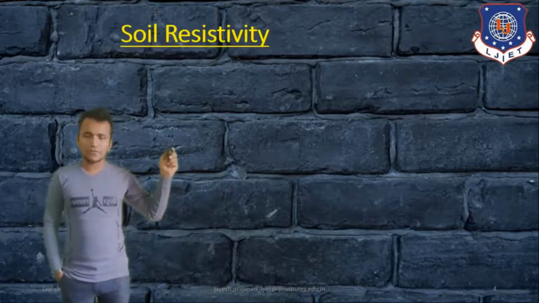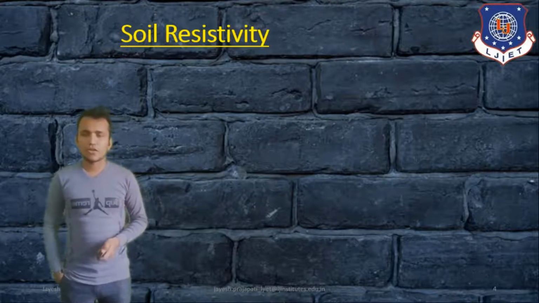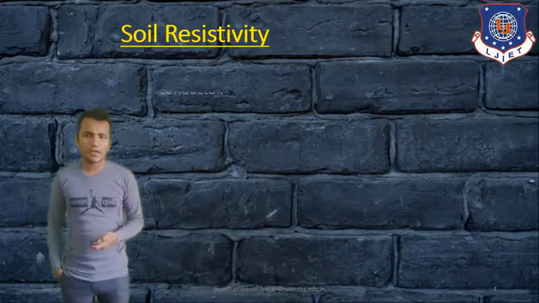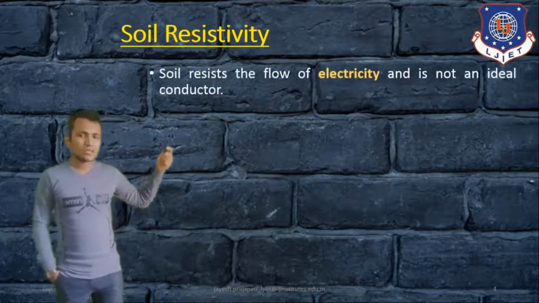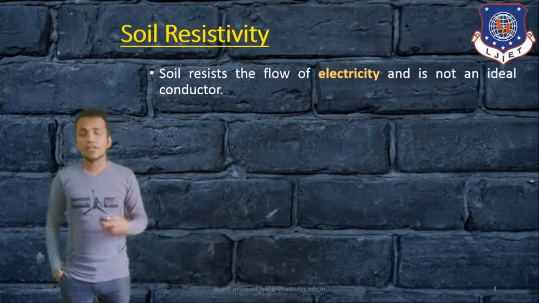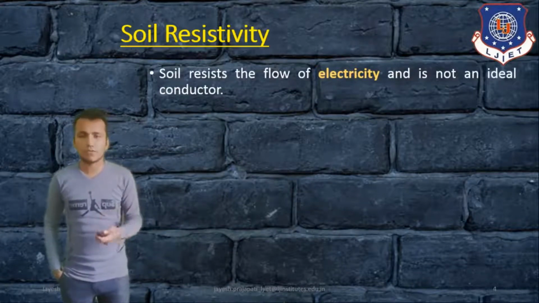Now we have to discuss soil resistivity. Soil resistivity definition: soil resists the flow of electricity and is not an ideal conductor, meaning soil has some kind of resistance.